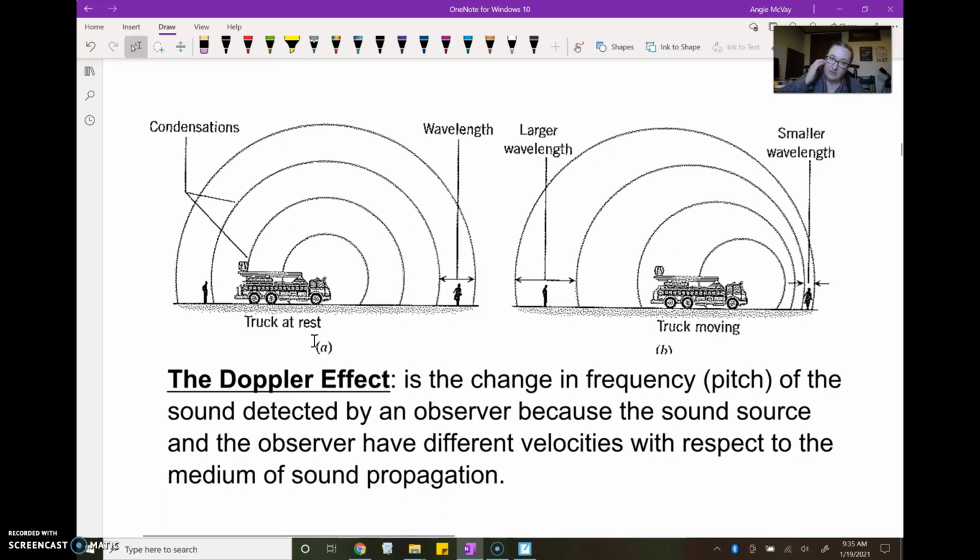Here's a little graphic showing if you were standing on the sidewalk and a truck is at rest, sitting still, running its sirens, you would perceive a constant pitch, right? There would be no perceived change in the pitch of the siren sound as a result of the truck's motion. So what you're seeing here, pointing out the circular lines that are drawn, they're calling them condensations here.